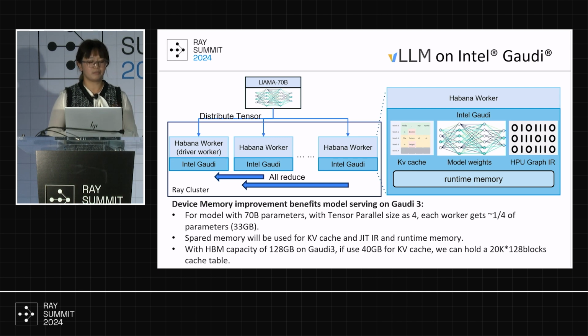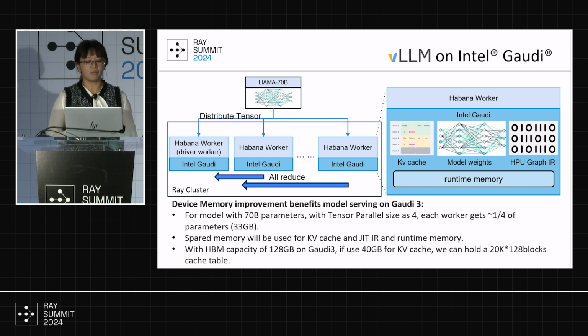Firstly, the most important part, which is the KV cache, because this is how VLM shows such significant performance improvement over other projects. And then the model weights. Let's say I have a 70 billion parameter model and I want to use BF16, which means there will be around 130 gigabytes of memory consumption to host this model.